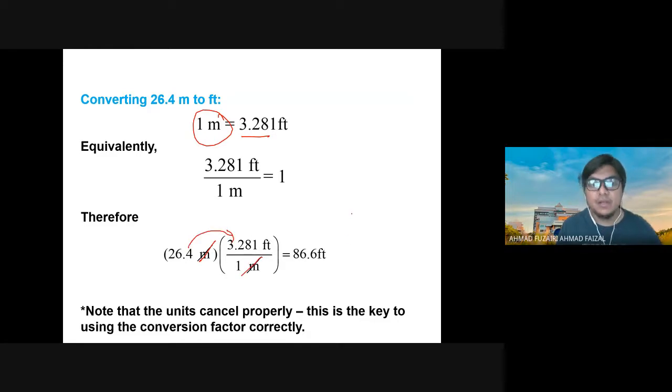I think all of you have your own way to solve the problems of converting units. But please, you must be able to do this from time to time. Please practice it on your own. Practice how to do the unit conversions.